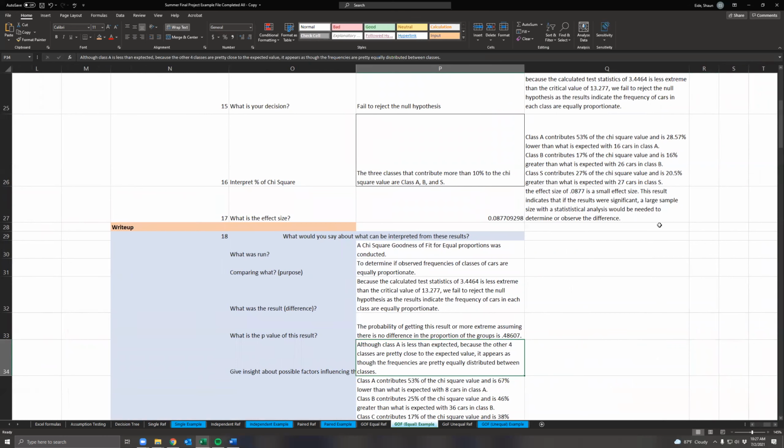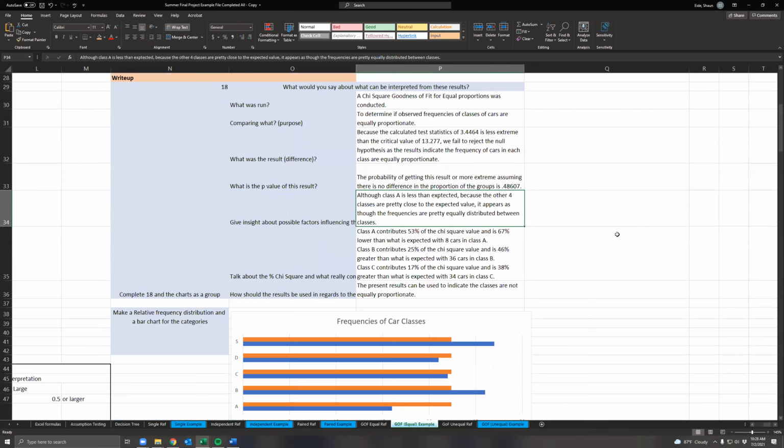In short, just because you have one class that's a little lower than everyone else doesn't mean that it is significant. You could have just accidentally, in your sampling, not gotten as many observations from that class as compared to everyone else. And the probability of you sampling like this is 48%. And so this type of sample could have occurred completely randomly just by chance.